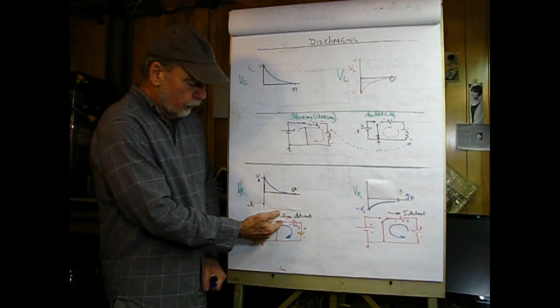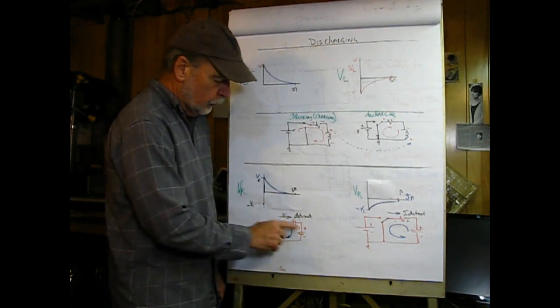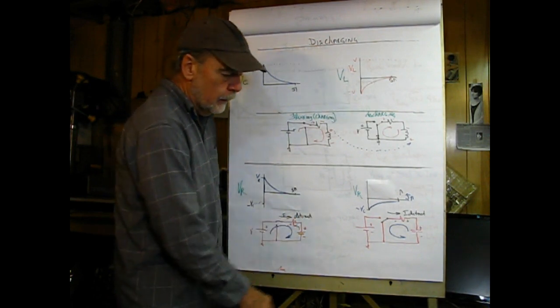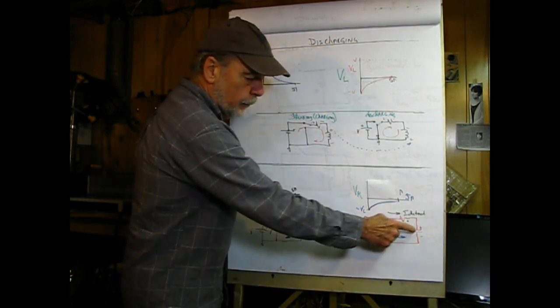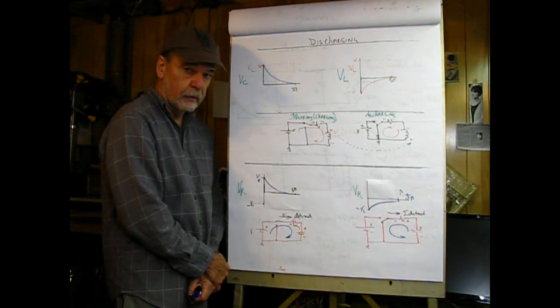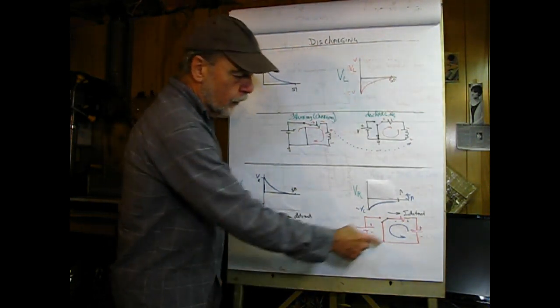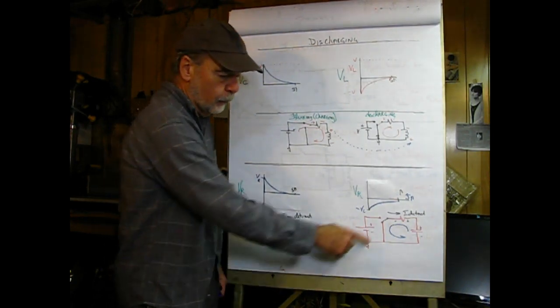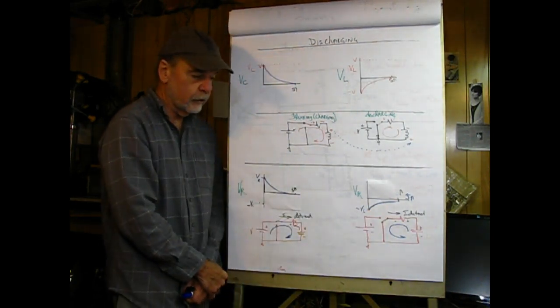Now, when the switch is flipped down to this direction, and do notice that the defined current flow is this way, charging the capacitor, the capacitor now becomes the source of the energy, and it discharges in this direction through the resistor, which is counter to the defined direction of current flow.